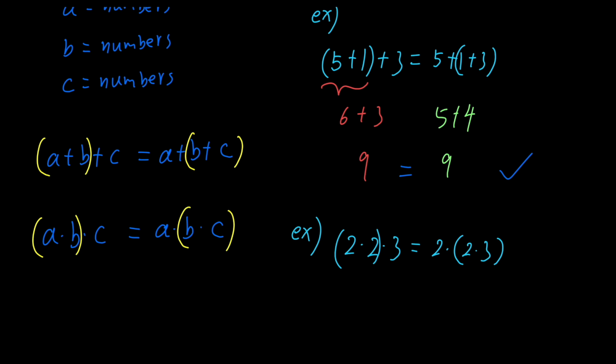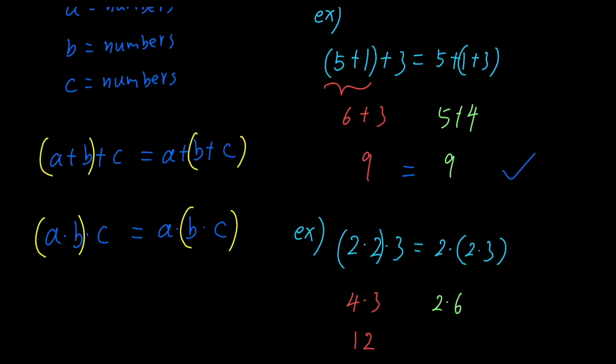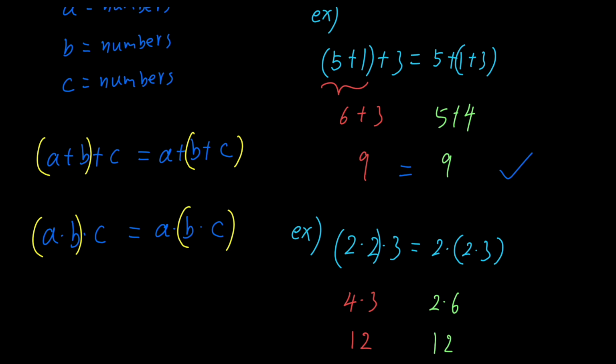For the left-hand side, 2 times 2 is going to be 4, and 4 times 3 is 12. For the right-hand side, we evaluate the numbers inside the parentheses first. So 2 times 3 is 6, and 2 times 6 is 12. So they are equal, and yes, this property works.